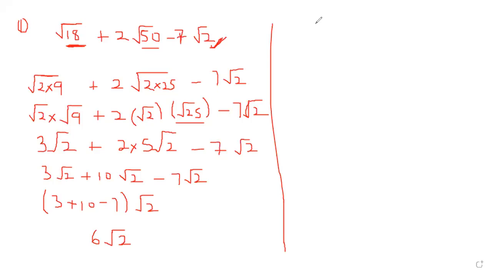No. If you say 9 square root 2, this is 9 square root 2. Is that what you are saying? No, this is not the same. It's not the same as 18. It's not the same as square root 18.